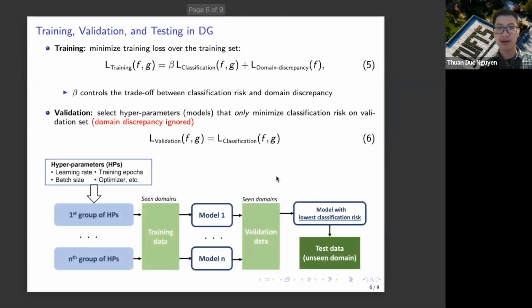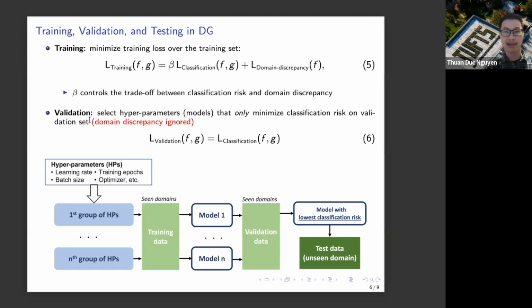This trade-off is well considered in the training phase, but is ignored in the validation phase. For example, in the training phase, most of the methods train a loss function with two terms. The first term is the classification risk, and the second term is the domain discrepancy. We can control the trade-off between these two terms by controlling the value of beta.